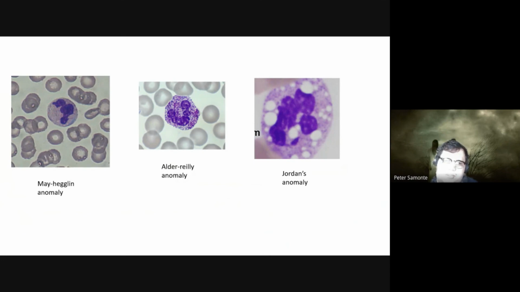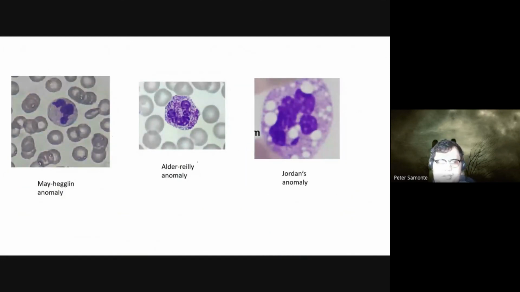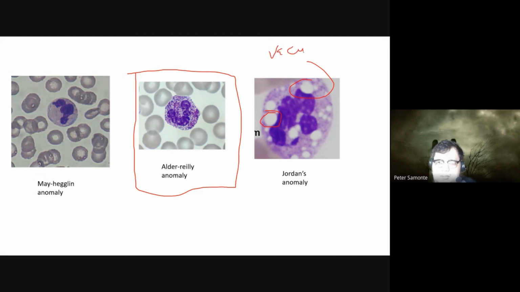Okay. Here's an example class of your May-Hegglin anomaly. Now, if you would notice class yung mga granules doon sa cytoplasm nila are more prominent. And this one would be your Alder-Reilly anomaly. And this would be your Jordan's anomaly class. These are the vacuoles. Itong mga puting nakikita nyo. These are the vacuoles seen in Jordan's anomaly.